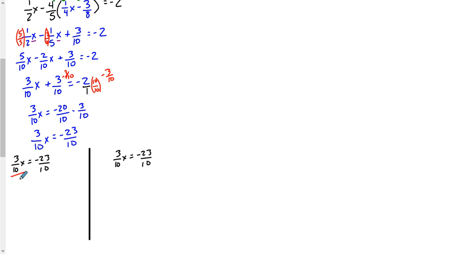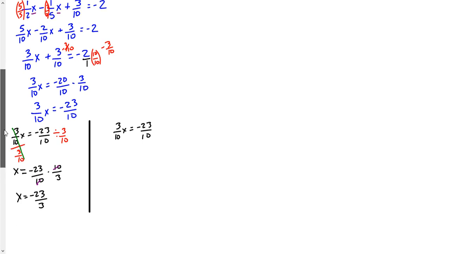Either we could divide by a 3/10, and since this is a grade 8 skill, 3/10, 3/10 cancel off, but dividing by a fraction means multiplying by the reciprocal, or as some of you like saying, the reciprocal. It works. Tens cancel off, and x equals negative 23/3.